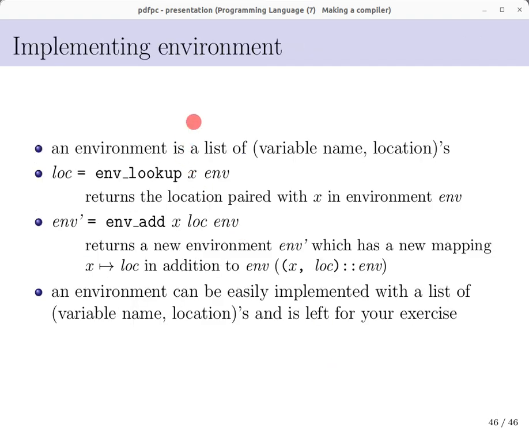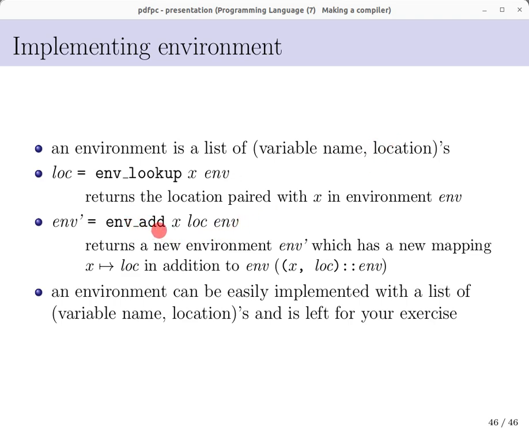You can implement this environment data structure by a list of variable names and locations. For example, env lookup x env simply looks for a tuple whose first element matches the variable name that is searched for, and returns whichever location is paired with the corresponding variable.